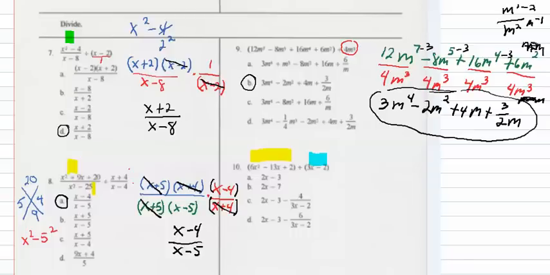So let's go ahead and set up our long division problem. First of all, look to see if the trinomial is in standard form. 2, 1, none, and it is. So that's what's going to go inside of my house. So it's going to be 6x squared minus 13x plus 2.